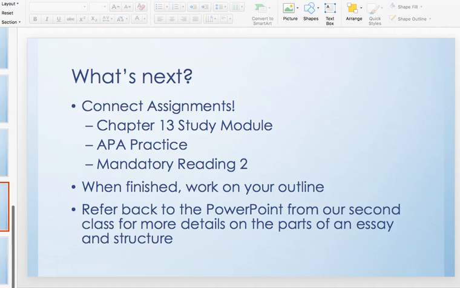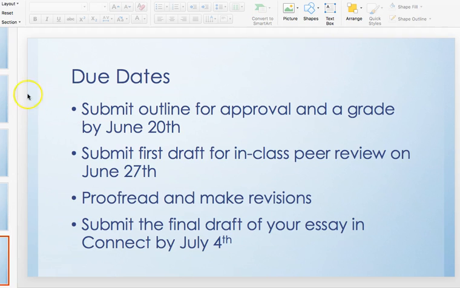And next, keep these due dates in mind. So for due dates, remember you're submitting your outline for approval and a grade by June 20th. And then you're submitting the first draft for in-class peer review on the 27th. Okay?